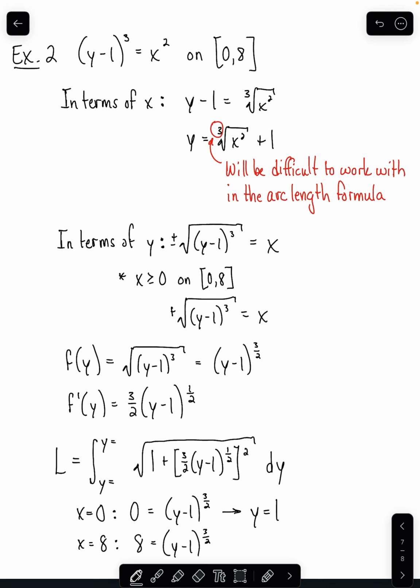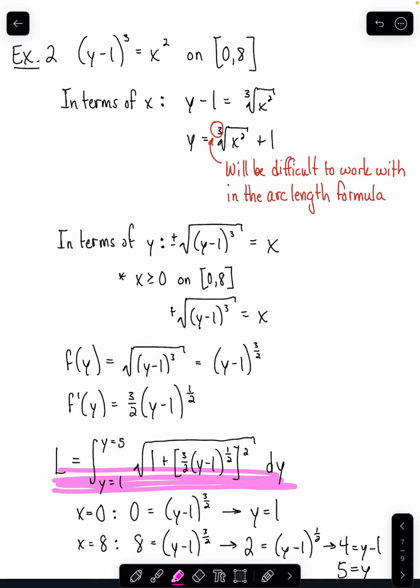Therefore, the cube root of 8 would be 2, and that means that y minus 1 to the 1 half would have to be 2. Thus, 4 is equal to y minus 1, and y has to be equal to 5 here. So our limits of integration are from y equals 1 to y equals 5. This is the integral we need to evaluate.